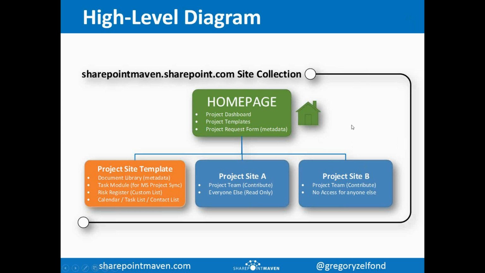But whether you're building a PMO site collection or maybe your intranet site collection, you still need to go through this exercise and at least understand the initial site hierarchy you're going to build.